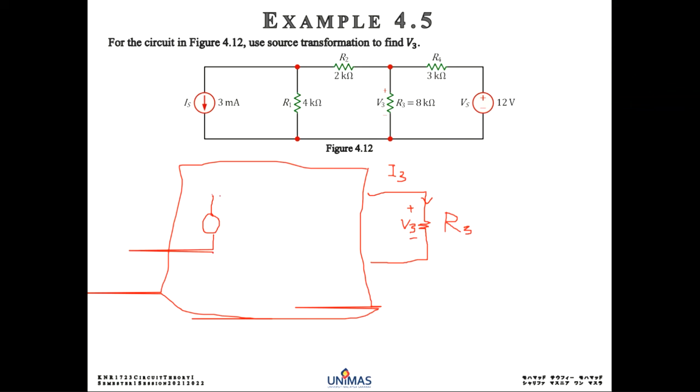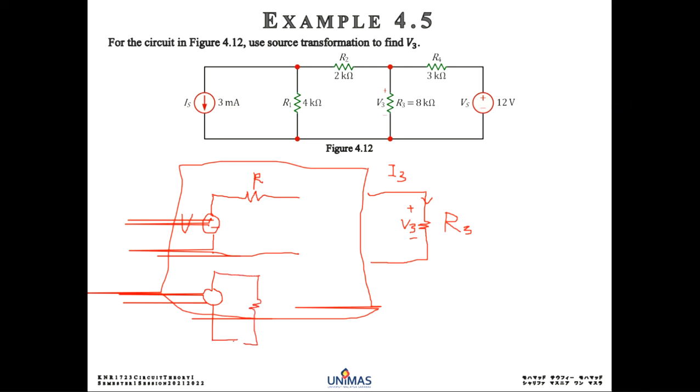As you know, like in the source transformation earlier, a voltage source must be in series with a resistor. So we have a voltage source V in series with a resistor R. Or you can replace all the others, this Is, R1, R2, R4 and Vs, with one single current source I with one resistor R in parallel.